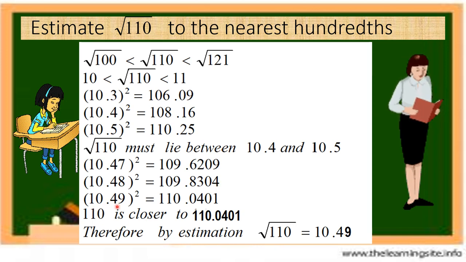And 10 and 49 hundredths squared is equivalent to 110 and 401 10,000s. So 110 is closer to 110 and 401 10,000s. Therefore, by estimation, square root of 110 is approximately equal to 10 and 49 hundredths.